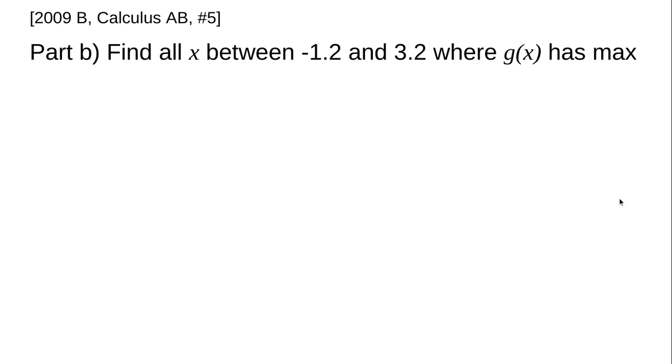In part B of the question, we are asked to find all values of x between negative 1.2 and 3.2, where the function g of x has a maximum. From part A of the question, we know that g prime of x is e to the f of x times f prime of x.